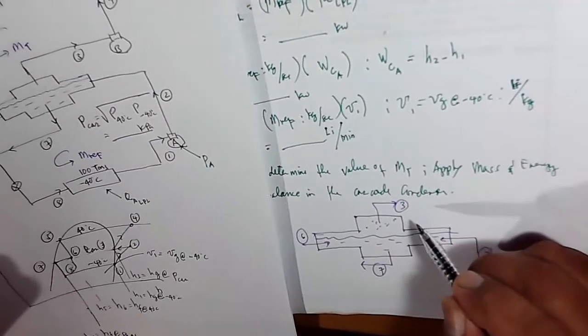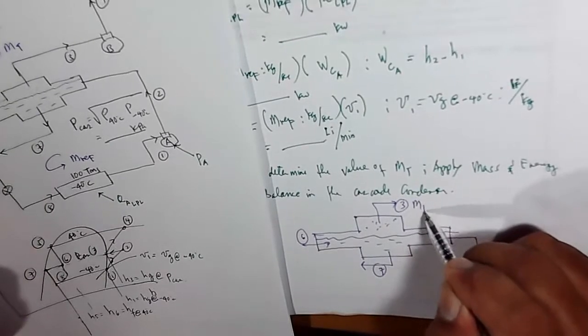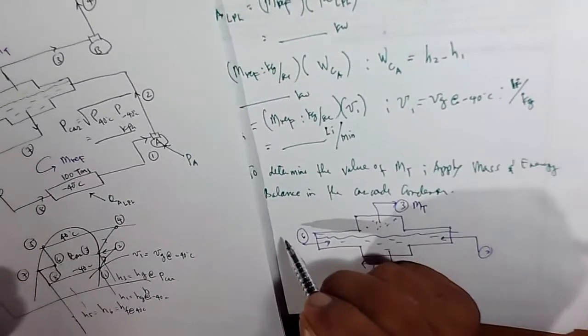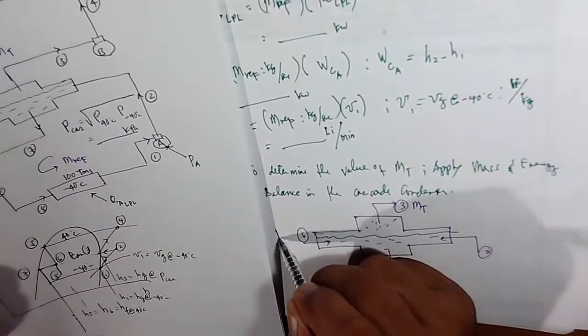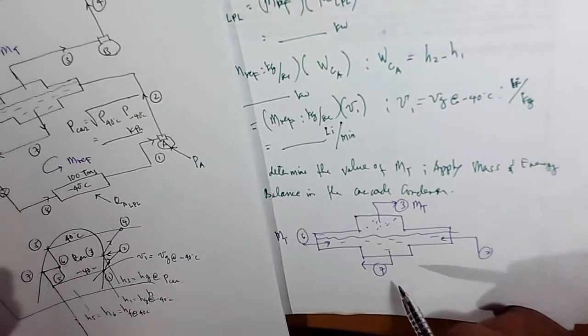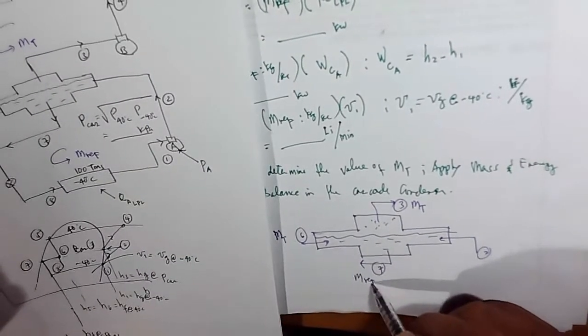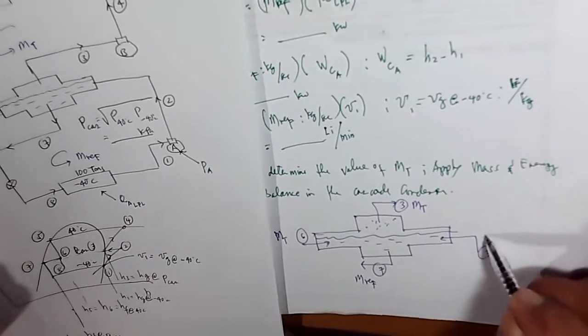Now the refrigerant at point 3 is considered your mT, as well as at point 6, mT. Now the refrigerant at point 7 is considered mREP, as well as this one.